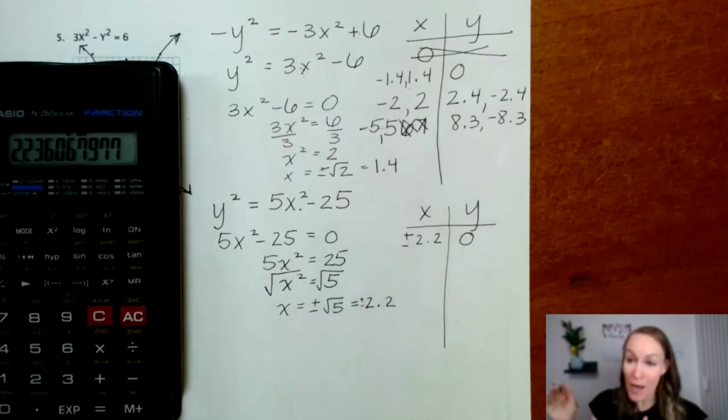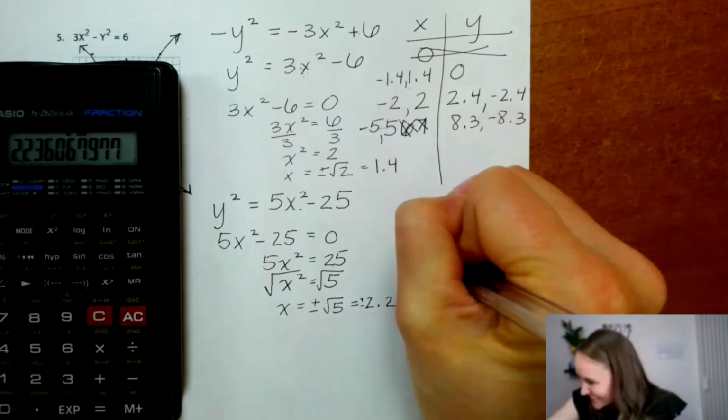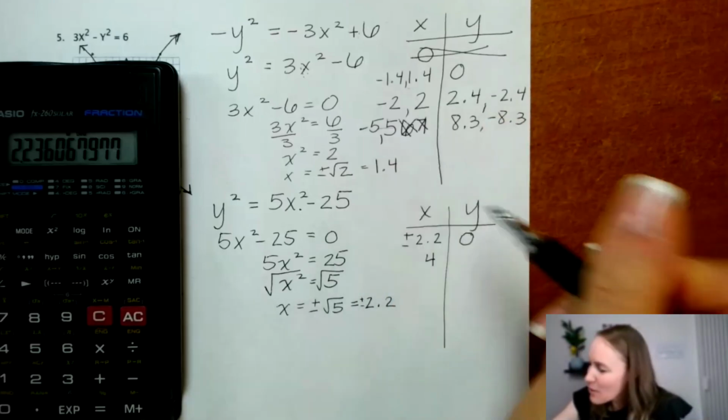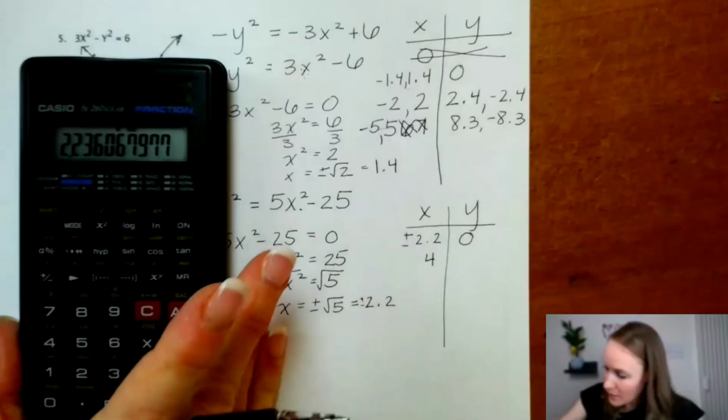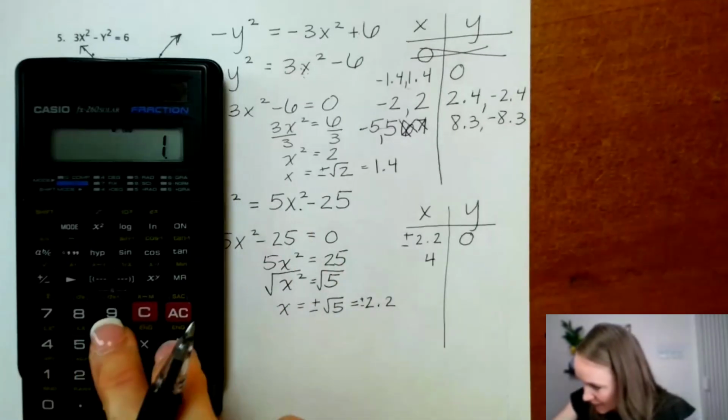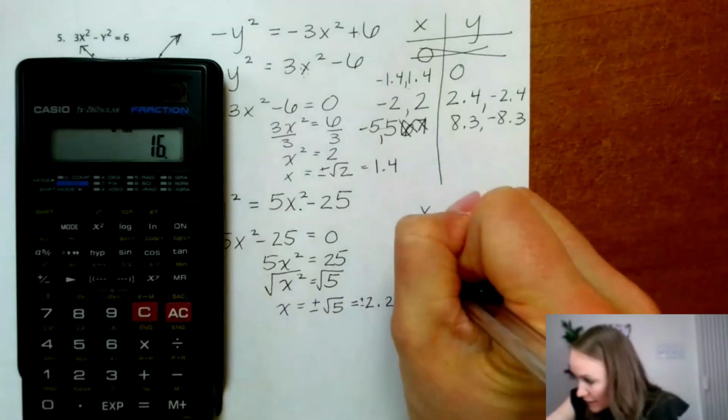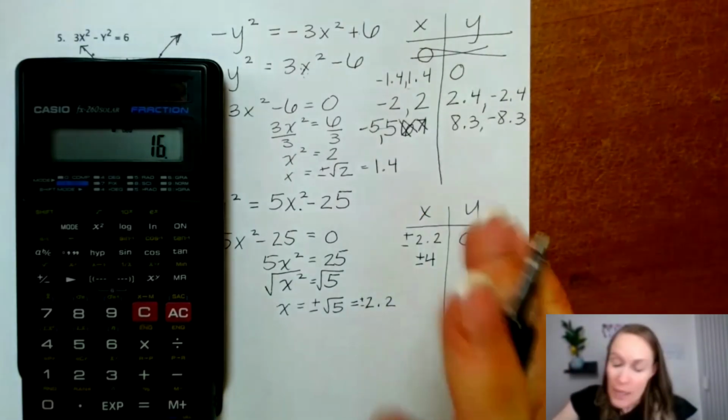So we need to go above 2.2 so that we don't have any negative numbers that we don't have to square root. So let's try 4. So I'm going to plug in 4. 4 squared is 16. 5 times 16. And remember, I can plug in plus and minus 4.